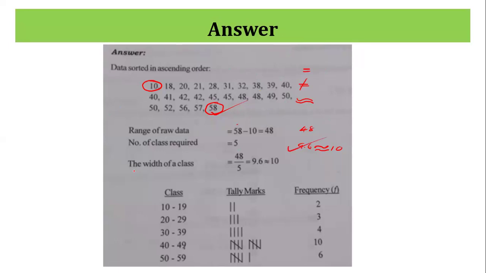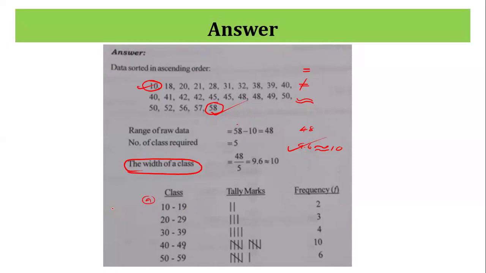Now we identified the width of a class. The starting point is 10, so we start 10 to 19, 20 to 29. Sometimes you think the width is 9, but no, the width of a class should be 10.